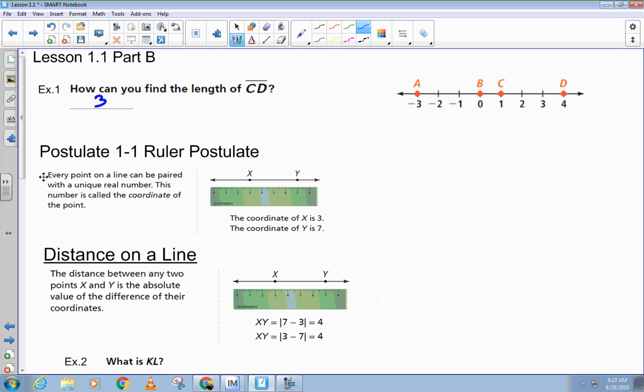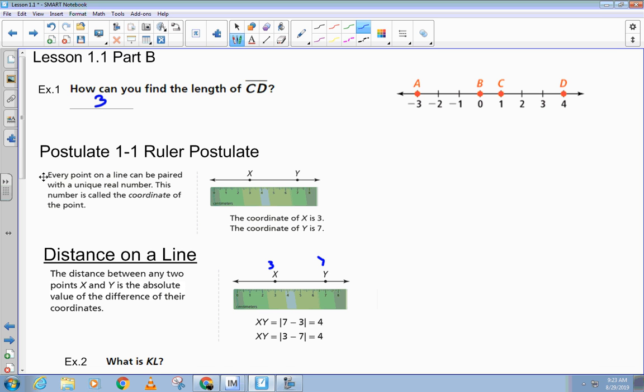So if this right here is at 3 and this is at 7, they show you that to find the length between x and y, you would subtract those coordinates and take the absolute value. And I could do it in either order. So I could do 7 minus 3, which is positive 4, or 3 minus 7 and take the absolute value of that, which is also going to be a positive 4. Okay? So you need to understand that, really, to find the length of a segment, you subtract and take the absolute value.